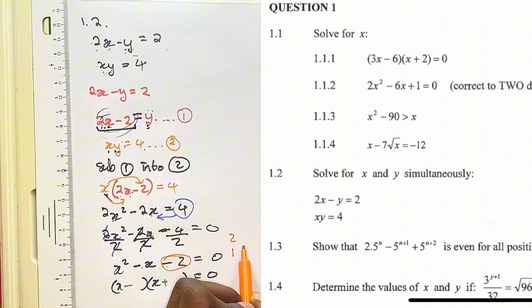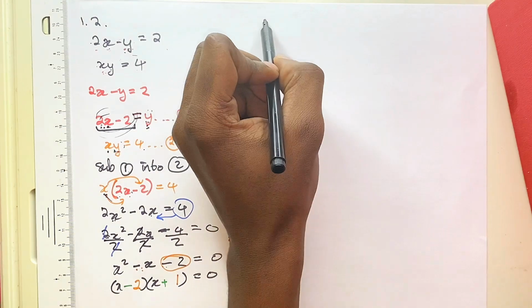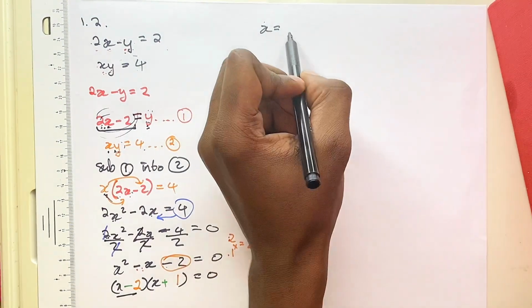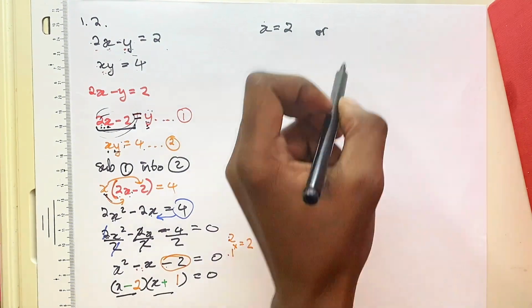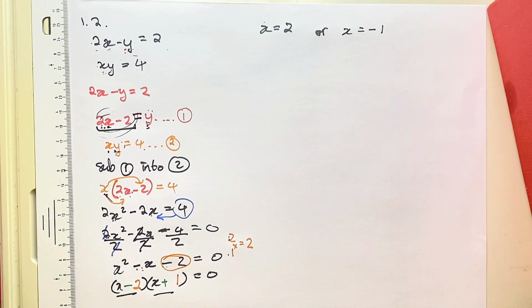So 2 times 1 will give us 2, and 2 minus 1 will give us 1. So now the bigger factor takes the sign of the middle term, so 2 will come in here and 1 will go in there. So now we know that our values of x will be x equal to 2, or from here x will be equal to negative 1.